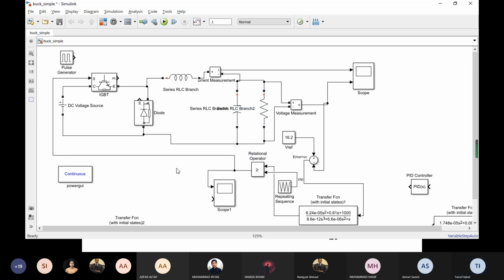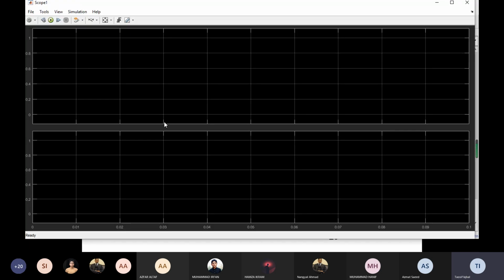Okay. So in the IGBT block, there are collector, emitter, gate, and measurement ports. The gate port requires pulses, which is basically the PWM signal.